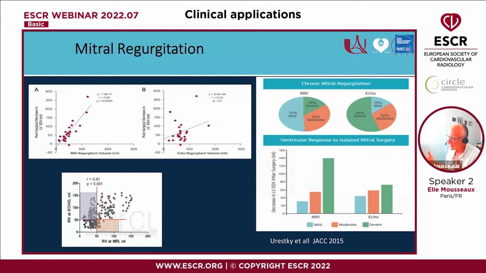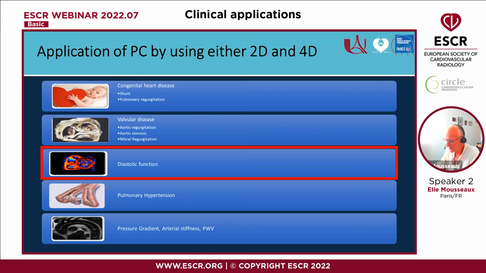And unfortunately, at this time, we realize, and it was well shown in this fantastic paper, which I encourage you to read, that echo overestimates the mitral valve regurgitation quantification, and a lot of people are sent to surgery without having a real severe regurgitation. So that's a main problem in routine.